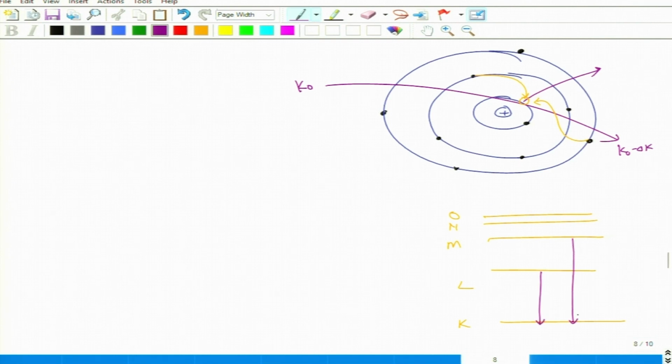It can be the case. Also, an electron can be kicked out from the l orbit. Then also an electron can come from n to l or m to l. So this transition can occur.